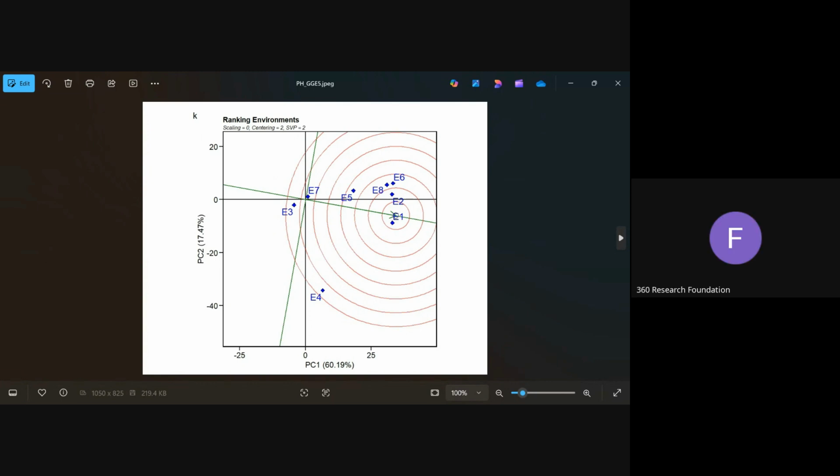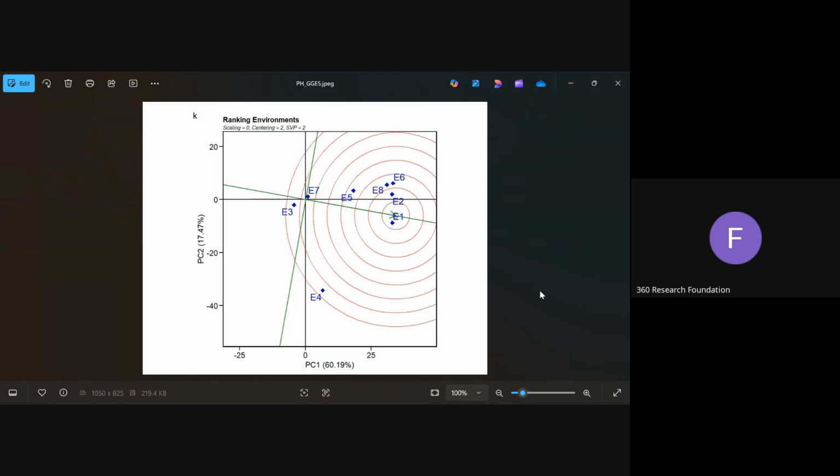So these concentric circles are there, and here you can see the representations of environments.